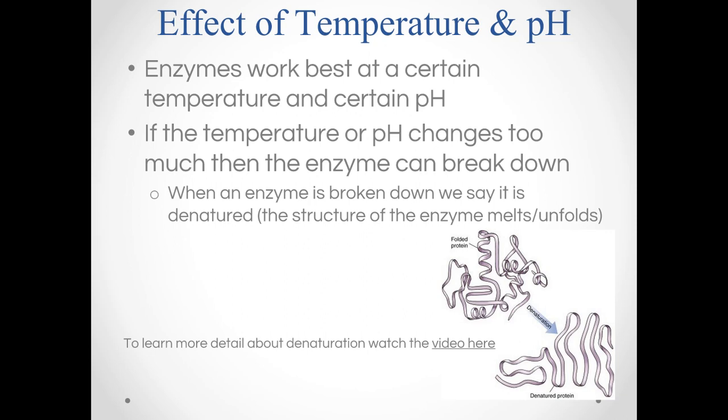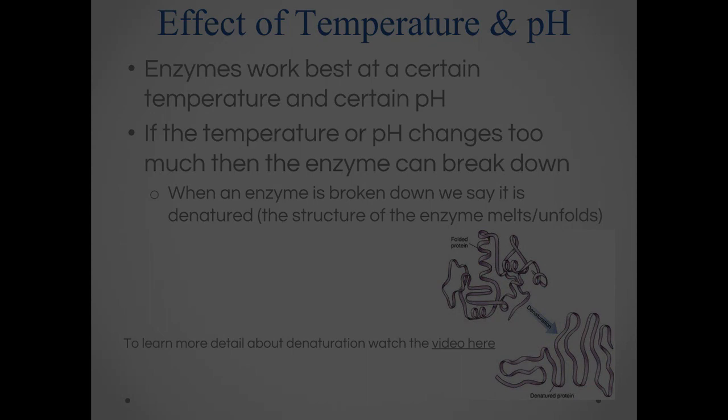If it gets too high, such as when you have a fever, or too low, if you're hypothermic or something like that, they don't work as well. Same happens with the pH. Now, your pH in your body can change depending on where it is. Your blood is slightly basic, but a lot of spots in your digestive tract, such as your stomach, are slightly acidic. So it depends on what enzyme we're talking about and where the enzyme is found for its ideal pH range.